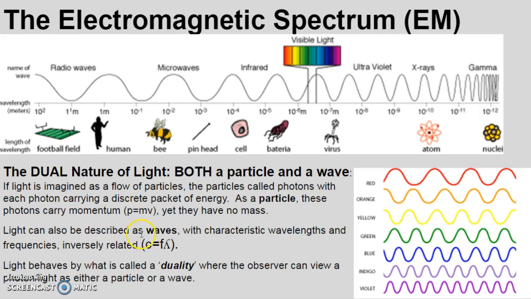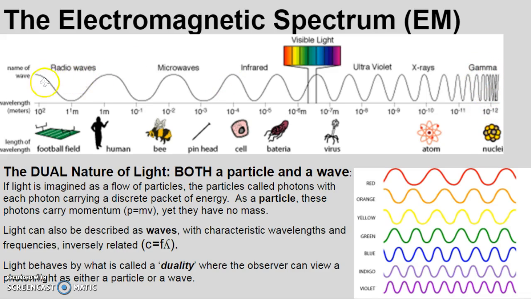So light can be described as waves, with characteristic wavelengths and frequencies that are inversely related, where we say that c, the speed of light, equals the frequency times the wavelength. And if I look at the electromagnetic spectrum, I simply see that my frequencies down here at the gamma end are much, much higher frequency, higher energy, much, much smaller wavelength.